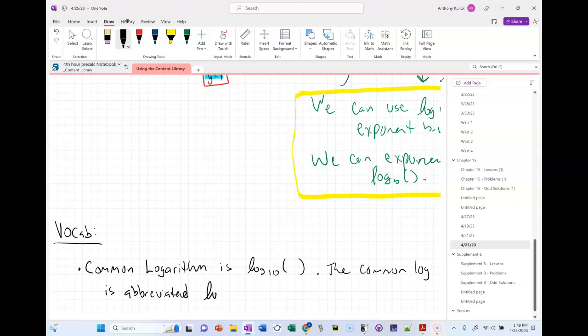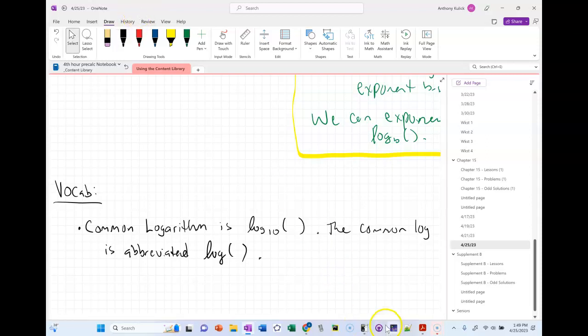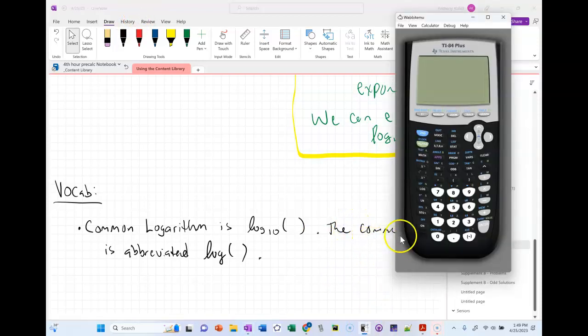And we abbreviate the common log as just log. If you look on your calculator, you'll notice that there's a log button here on the left-hand side. If I press that, notice there's no subscript here. That means this is the common logarithm. It means it's log base 10.